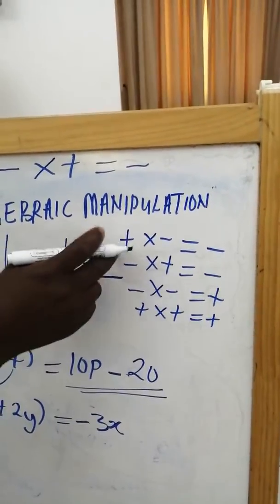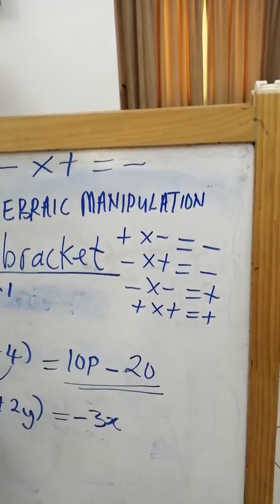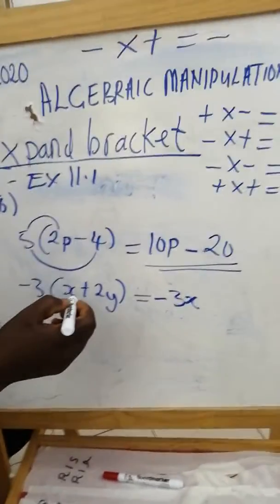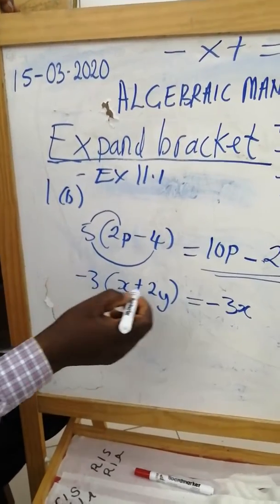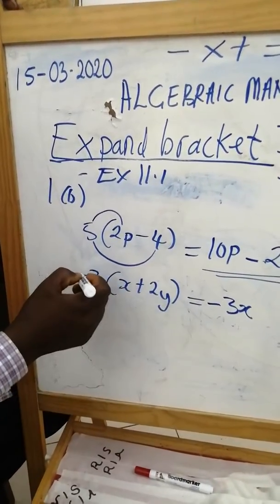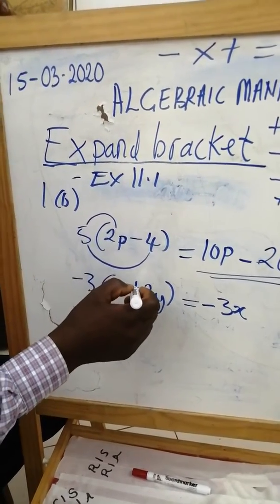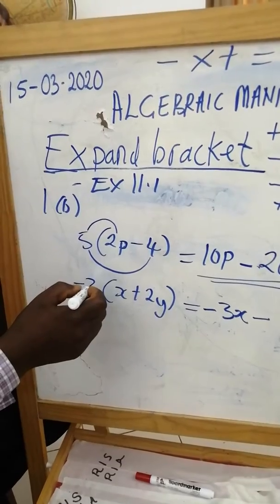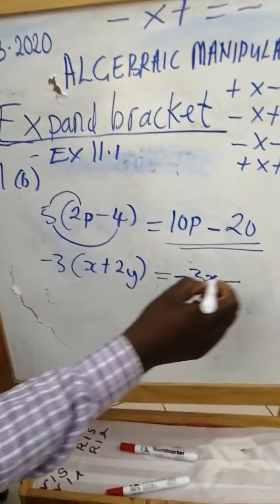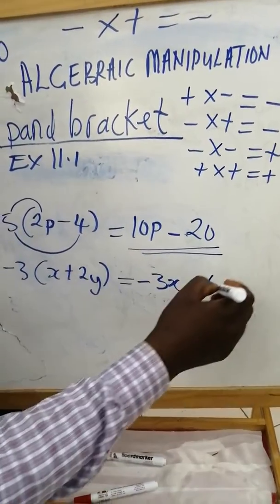So remember all this. So negative 3 multiplied by positive 2y. So I multiply negative 3 by positive 2. Negative multiplied by positive will give me negative. And I can write 3 multiplied by 2, that's 6, and the y.